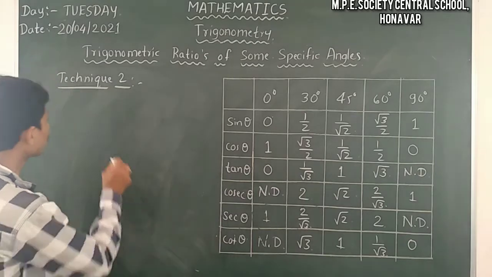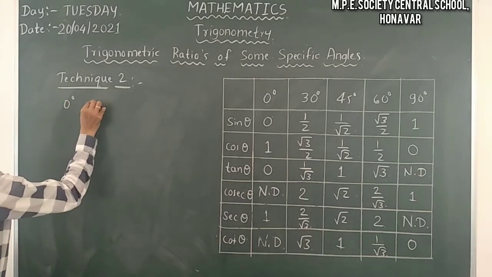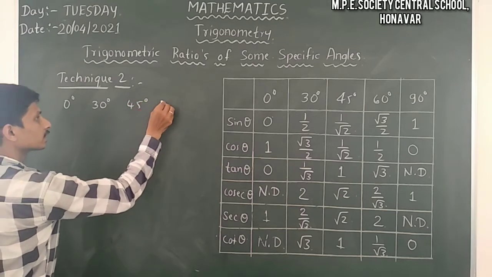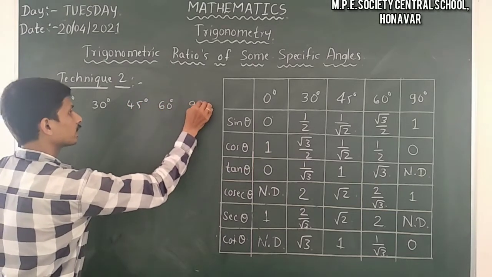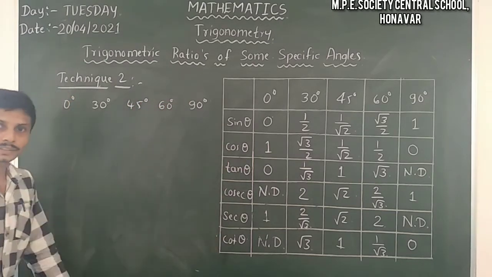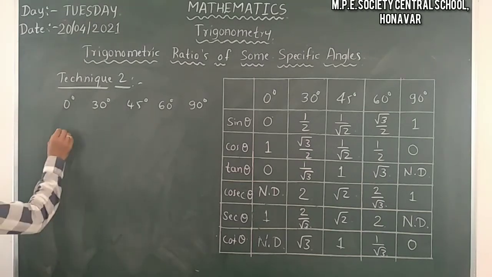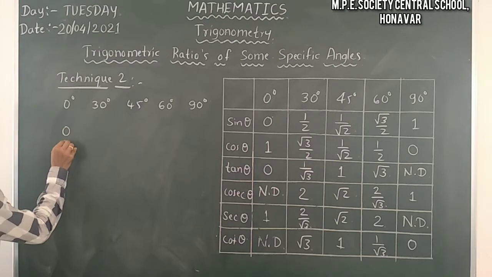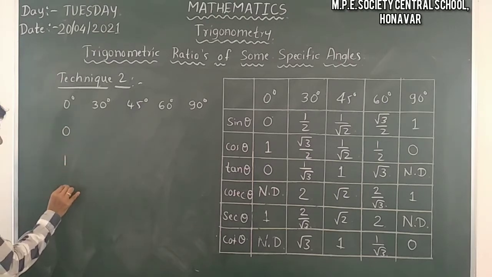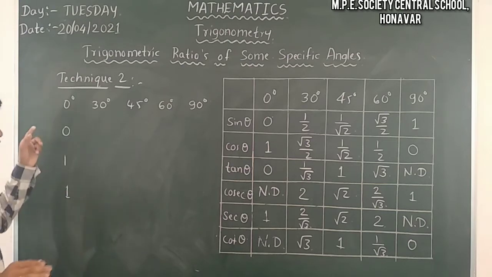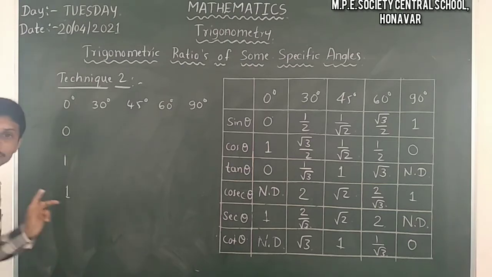Yes. Firstly you have to write like this: 0 degree, 30 degree, 45 degree, 60 degree, and 90 degree. And then here we have some numbers. That one you have to know. So firstly it is 0, 1, and 1. There is nothing specific like this is for sine only, this is for cos only, this is for tan only.